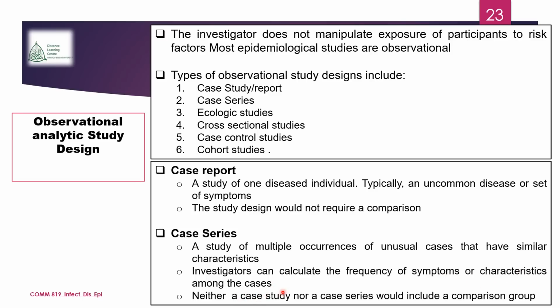Neither a case study nor a case series would include a comparison group. So these two types of observation are the weakest of the overall observational studies, because they lack a comparison group.